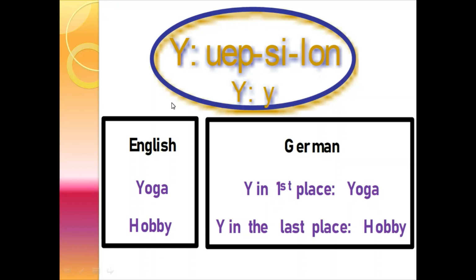The English sound of the German Ypsilon alphabet can be heard in an English word beginning with Y, such as yoga, but not ending in Y, because in this word, hobby, the Y tends to have an I-like sound, hobby.